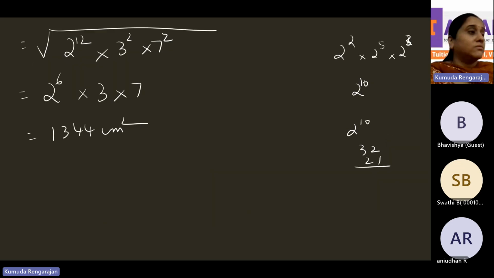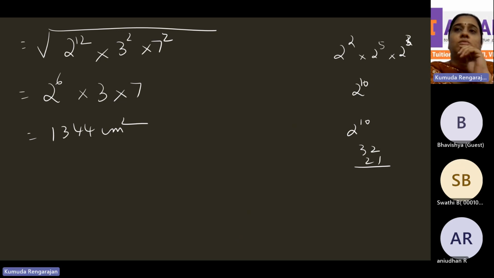Ramanan, now without seeing the book, tell me the formula. Root of S into, see your book. Tell me the formula.